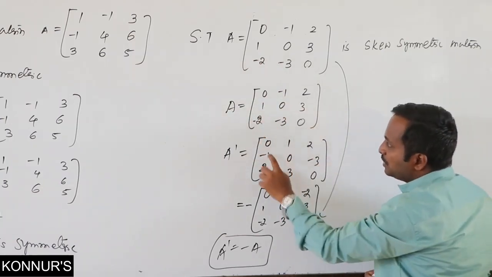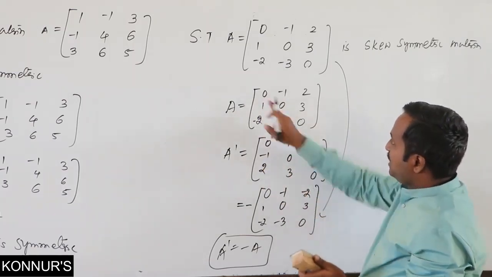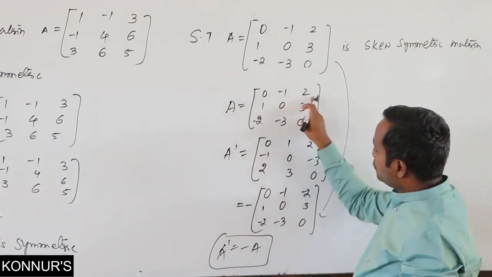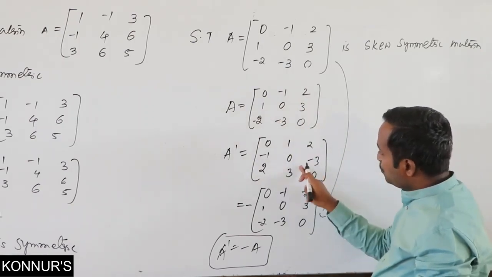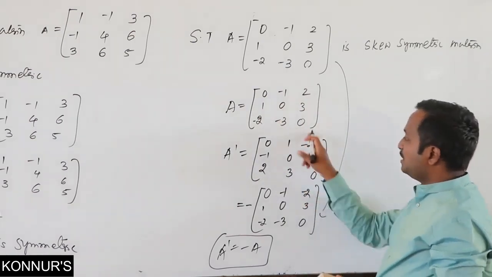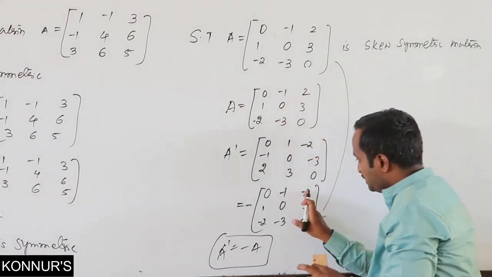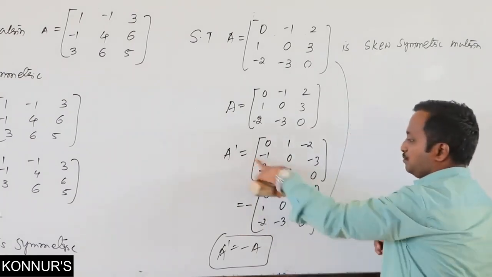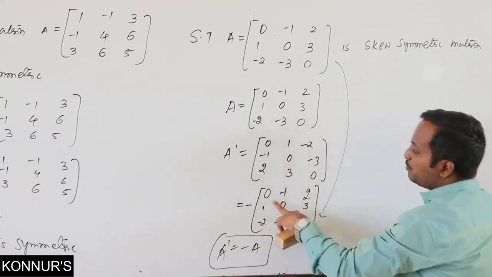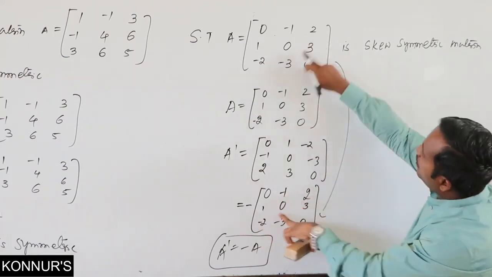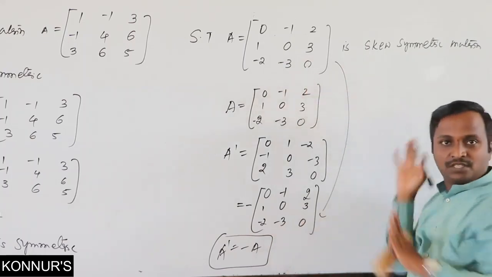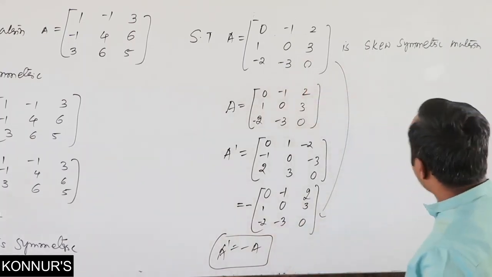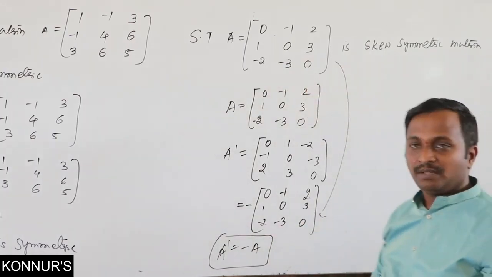A dash makes row column interchange: 0 minus 1 2, 1 0 3, minus 2 minus 3 0. So if I take minus common, what happened? This is the mistake I did, sorry. Minus 2, this minus minus plus. Now observe 0 minus 1 2, 1 0 3, minus 2 minus 3 0. Yes, it is correct now. So both are same. Therefore it is a skew symmetric matrix.